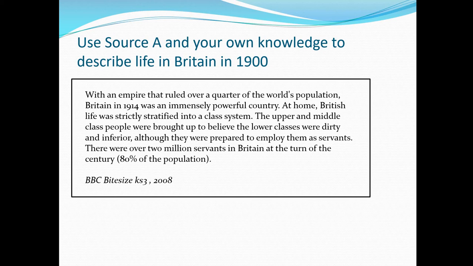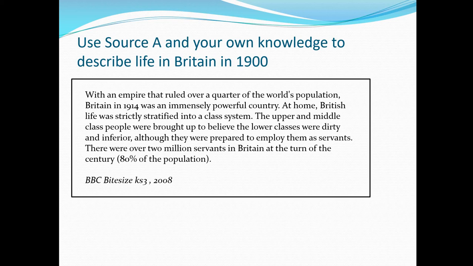So, an empire ruling over a quarter of the world's population, Britain being a hugely powerful country, but that's split into the class system. It's saying basically that middle class and upper class people believed that lower classes were inferior to them, that they were dirty, that they weren't as good as them. However, they were prepared to employ them as servants. Now, this will tell you something about the way that the wealth of the country lay. 80% of Britain at the turn of the century were servants.